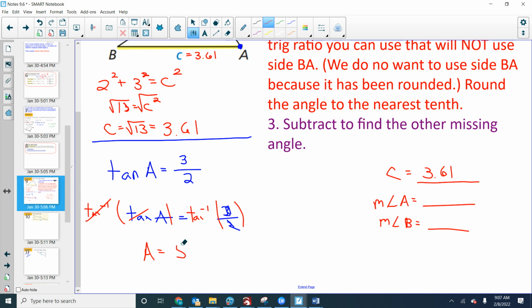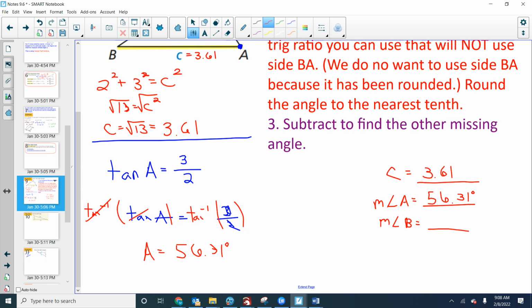Are you getting 56.31 degrees? Jackson, question. Oh no, I had the answer. Thank you. Is that what you got? Yeah. Perfect.